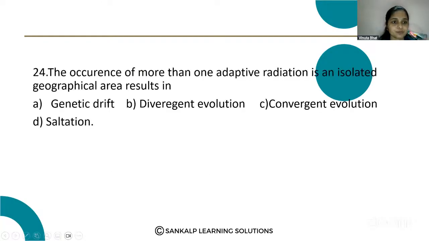24th question. The occurrence of more than one adaptive radiation in an isolated geographical area results in: genetic drift, divergent evolution, convergent evolution, saltation. Here Australian marsupials and placental mammals are given. In the same continent, Australia, scientists observe more than one adaptive radiation.